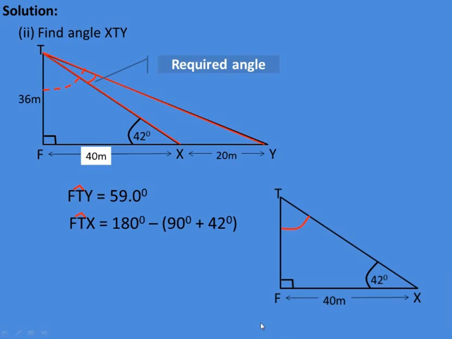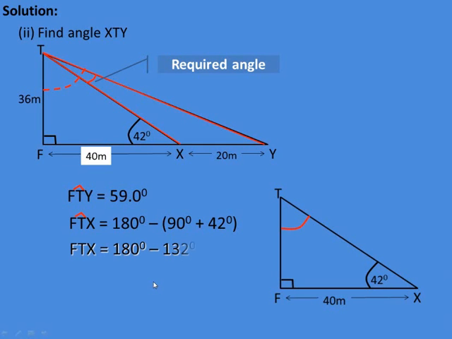We understand from the rules of triangles that the sum of the angles of a triangle equals 180 degrees. So 180 degrees minus the 90 degrees, which is here, plus the 42 degrees, which is given here. So that's equal to 180 degrees minus the sum of the other two given angles.